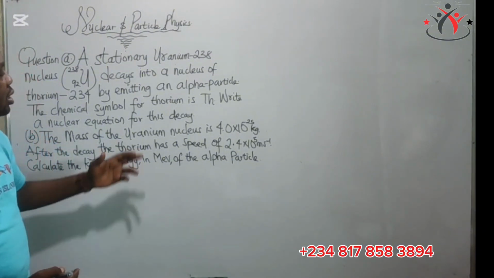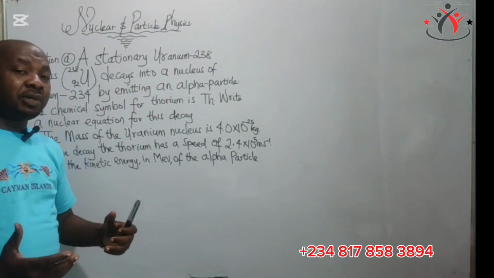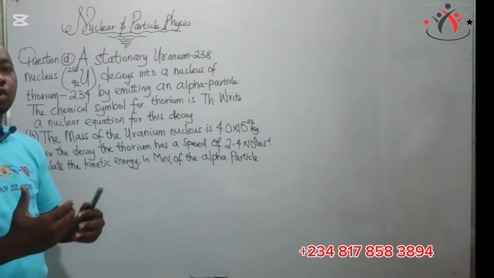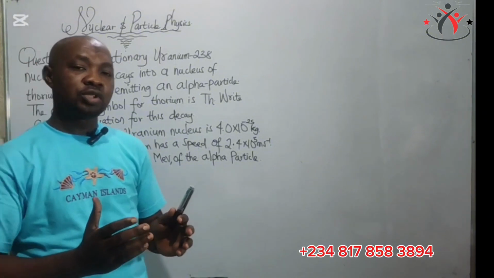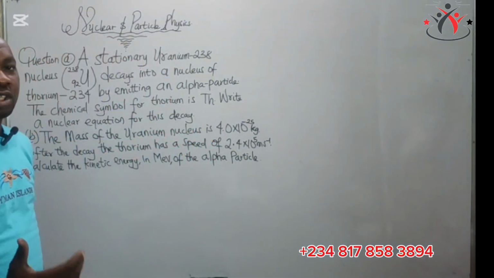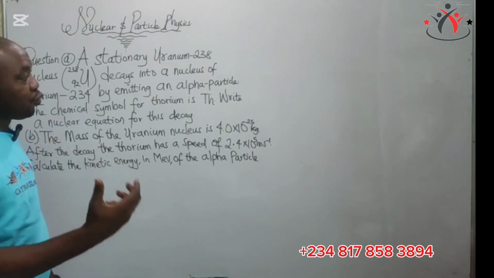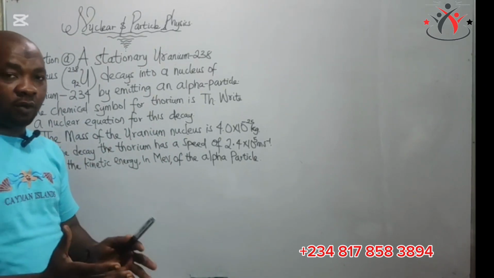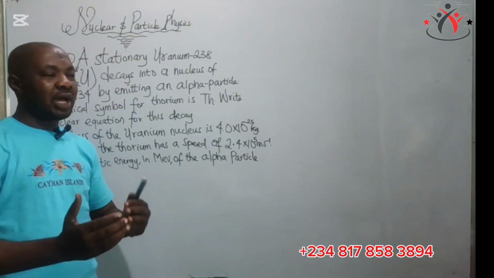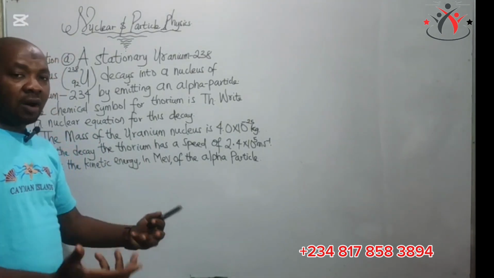When uranium decays into a nucleus of thorium-234 by emitting an alpha particle, it means the uranium loses an alpha particle. And when it loses an alpha particle, the mass number of uranium-238 will decrease by 4 and its atomic number will decrease by 2. That's what it means for the element to emit an alpha particle.